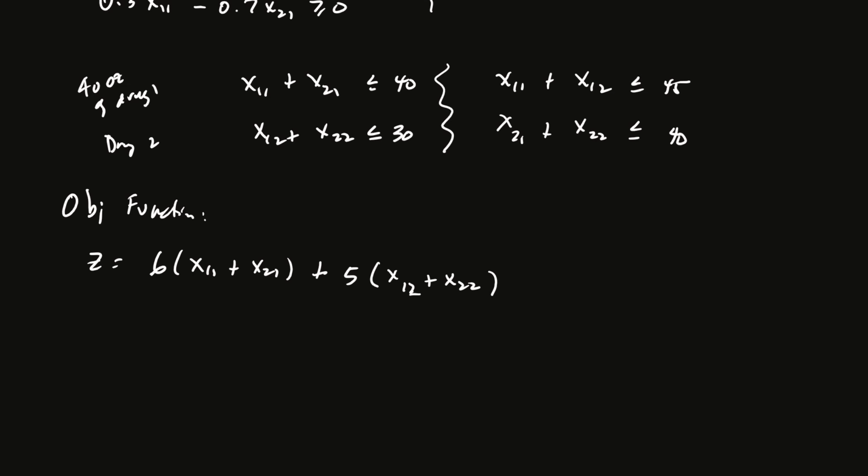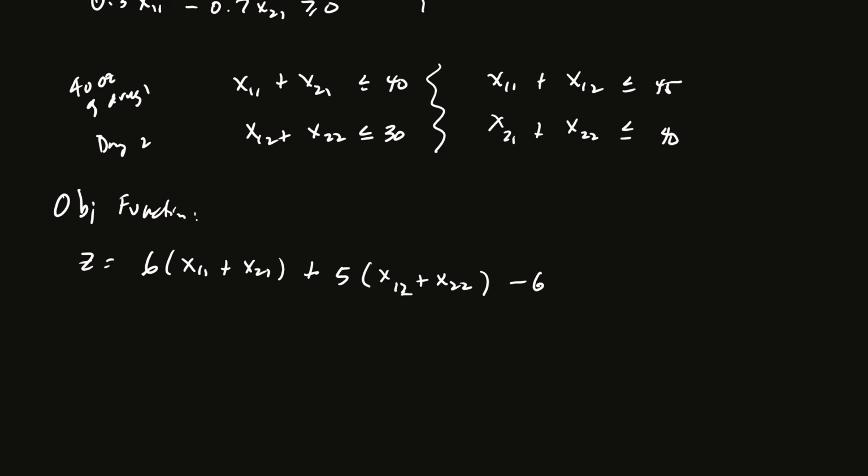Then our costs are minus $6 for chemical 1, which is x11 plus x12, minus $5 for chemical 2, x21 plus x22. And we really should simplify that a bit.